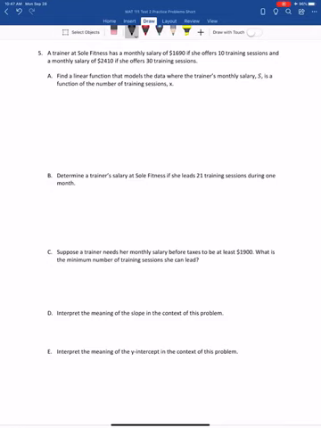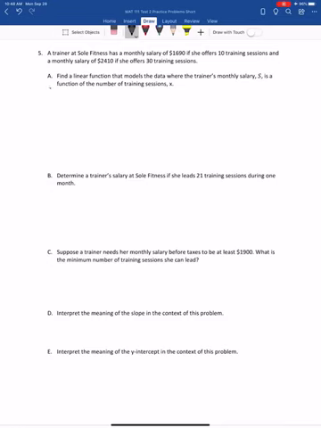All right, so we're going to model the monthly salary for this trainer using X, our input variable, representing the number of training sessions, and the salary we'll give the name S. So it's a function of the number of training sessions, depending on the salary she's going to get. With that said, we're trying to find that function.